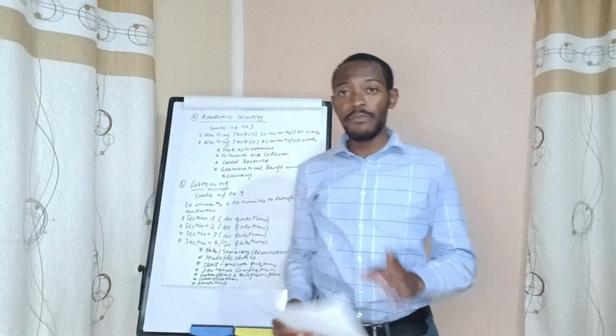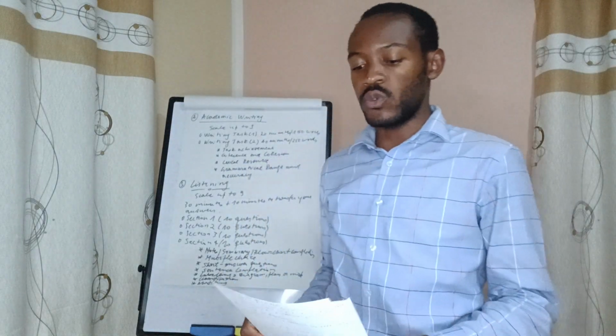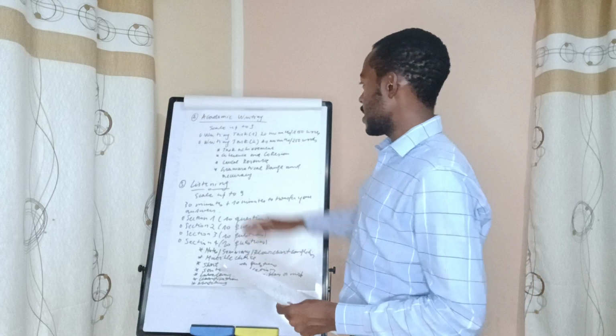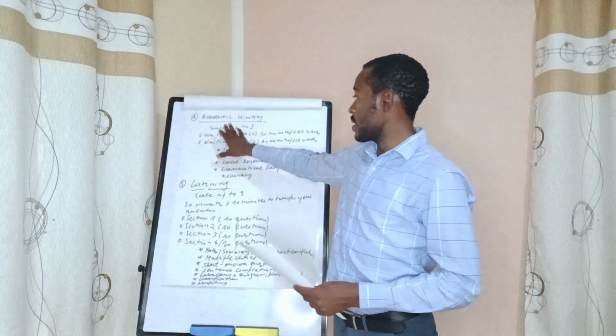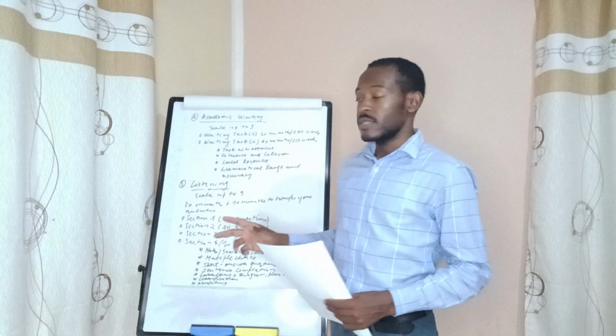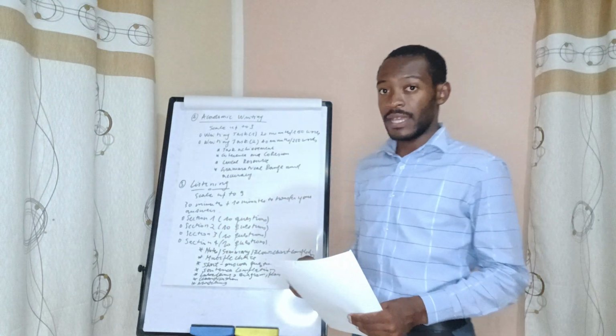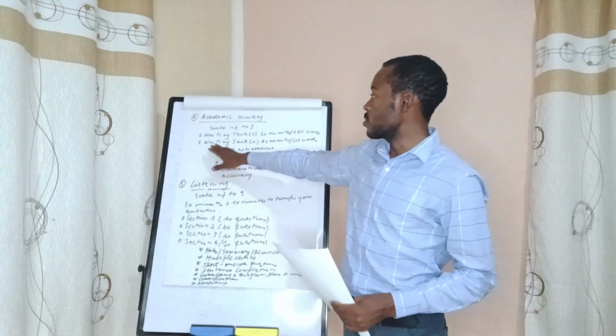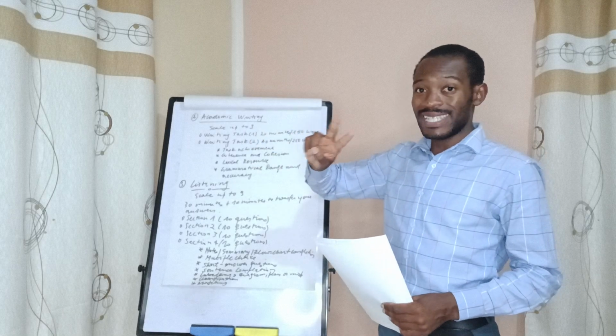Now we move to the second part of the test, which is academic writing. The academic writing is also graded up to 9 as the maximum grade, and in the writing we have 2 different tasks.